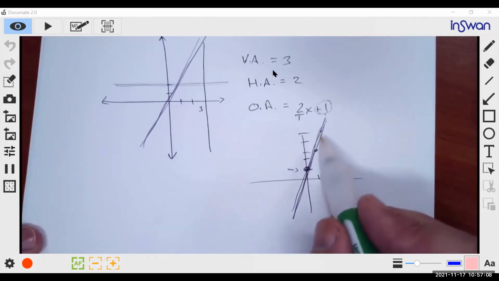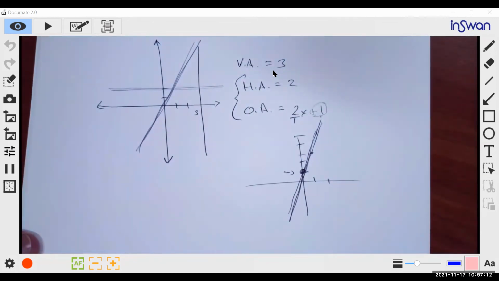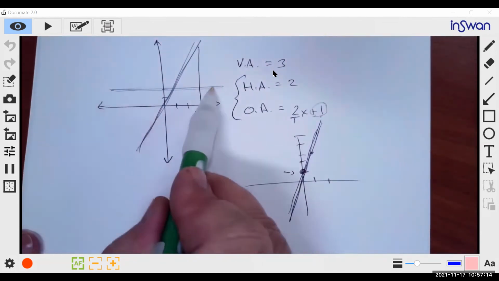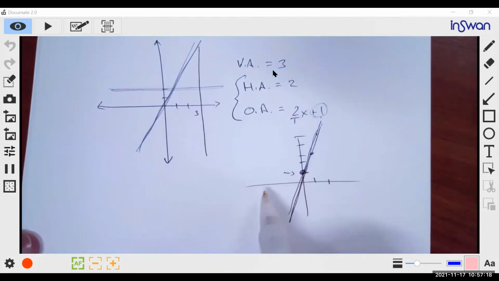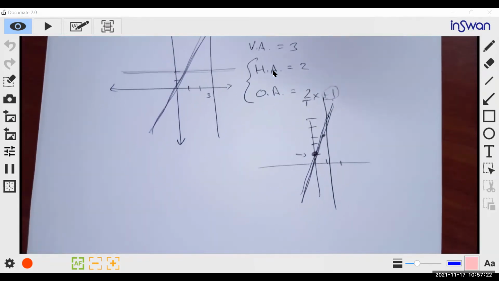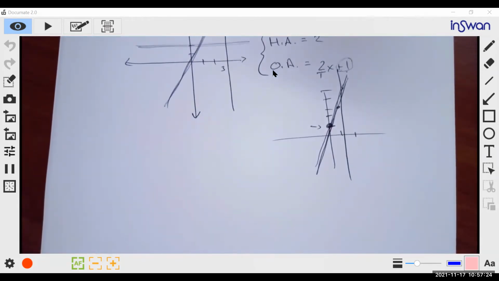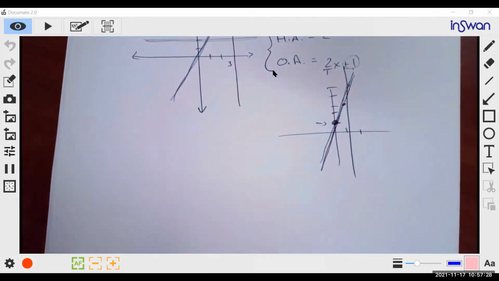You can only have one of these. You can either have a horizontal with a vertical, or a vertical with an oblique asymptote. You can only have one or the other with a vertical asymptote.